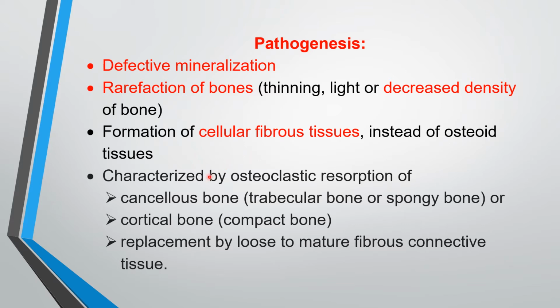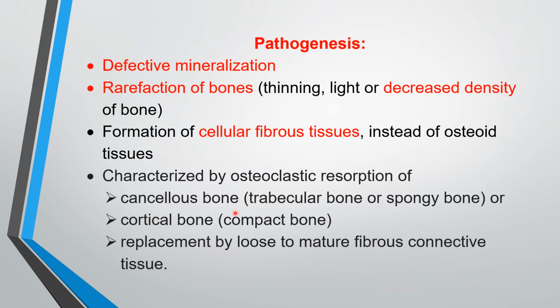So by these lines, it will be clear about the disease. Very important. It is characterized by osteoclastic resorption. Bone remodeling and formation of new bone is a continuous process. Here, the more technical term is osteoclastic resorption of cancellous bone.